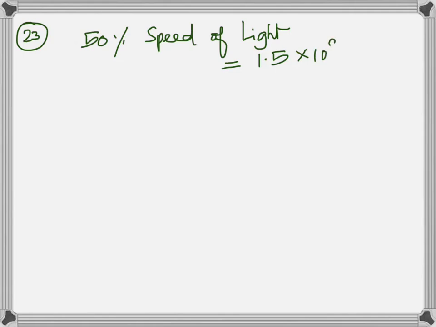23. Cyclotron frequency is just frequency as done before. And 50% of the speed of light is 50 times 3 times 10 to the 8 by 100, so it's 1.5 times 10 to the 8.